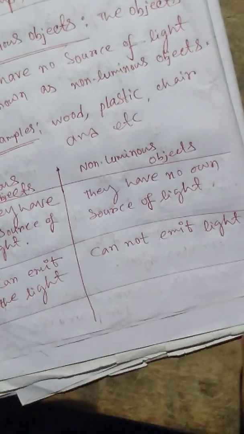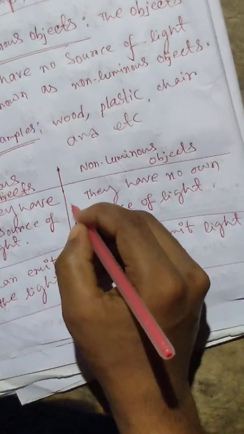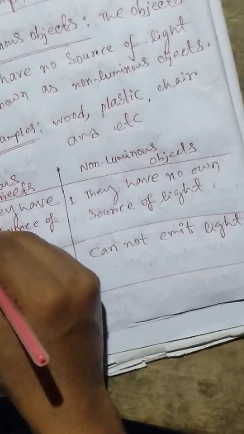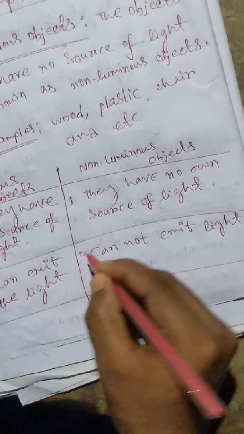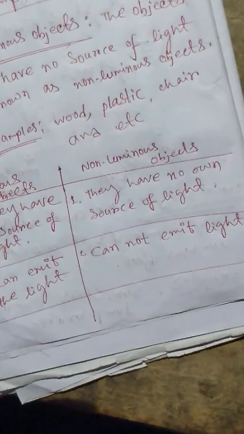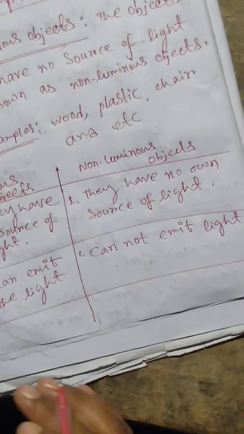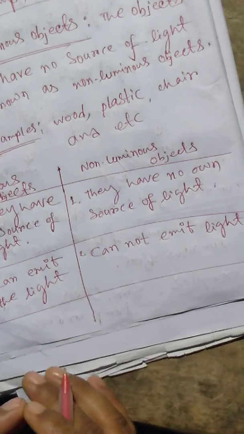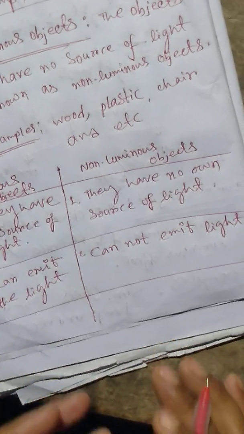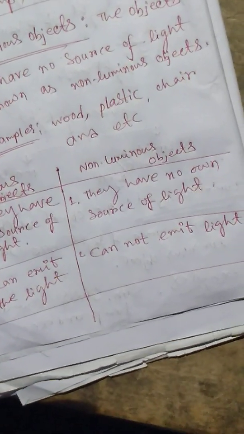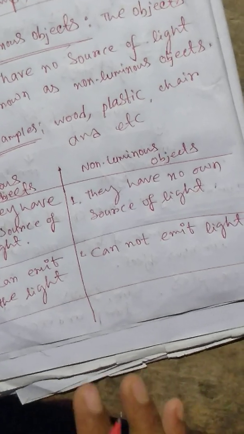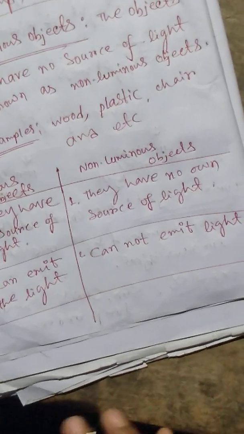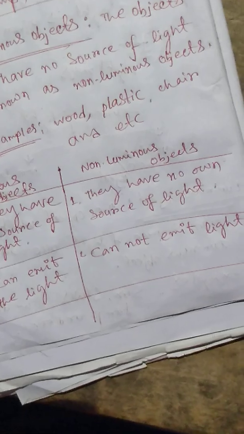So these are two basic differences between luminous and non-luminous objects. Luminous objects have their own source of light, but non-luminous objects have none. Luminous objects can emit light, but non-luminous objects cannot.